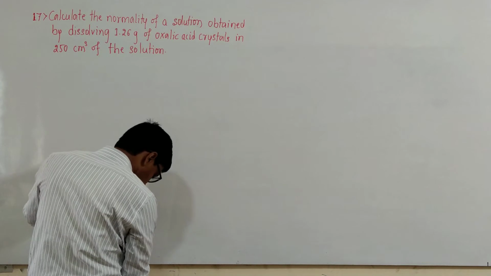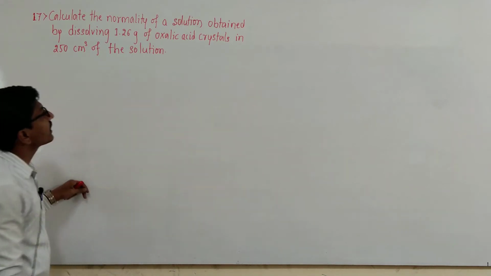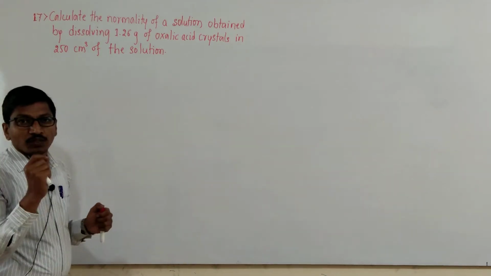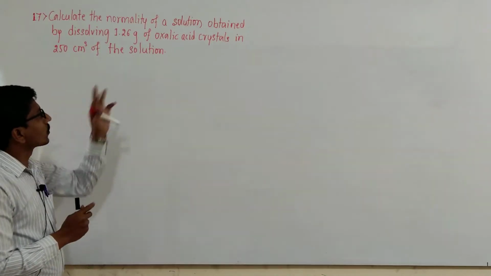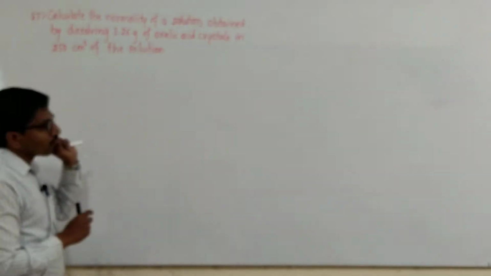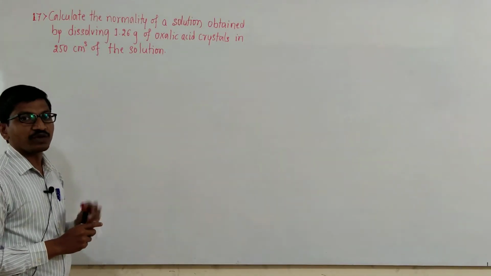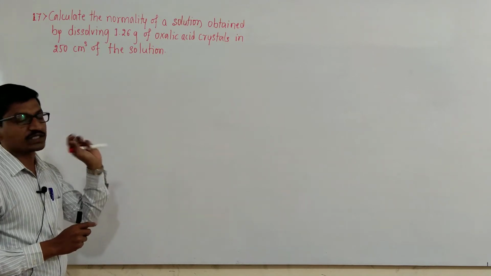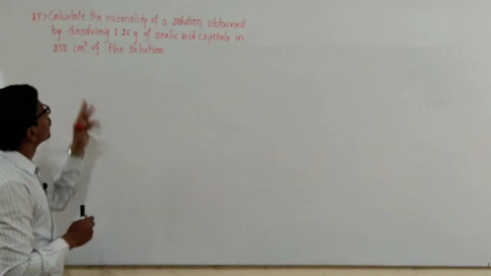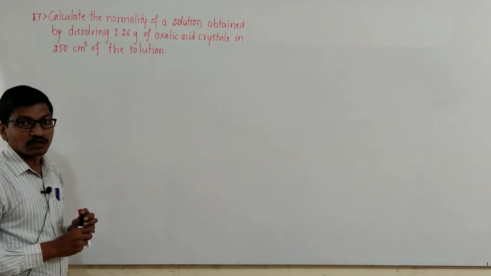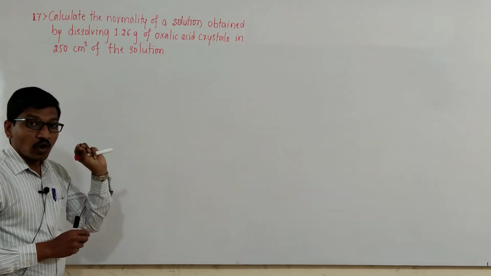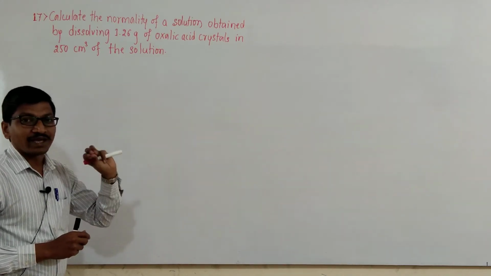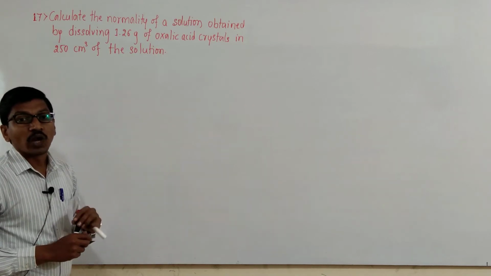In this problem the given data are: the solute is oxalic acid, the volume of the solution is given, that is 250 cm cube, and the weight of the oxalic acid is also given, and for oxalic acid we can calculate its molar mass.